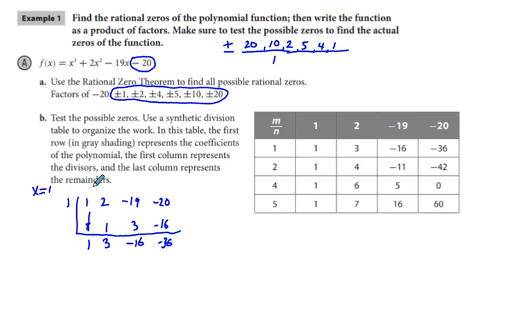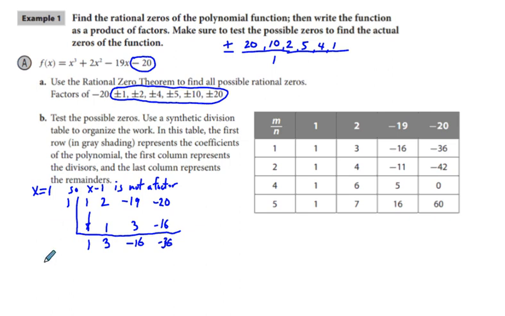So we know that 1 is not a zero, and so x minus 1 is not a factor of this polynomial function.